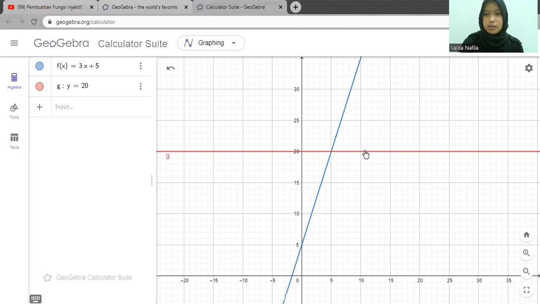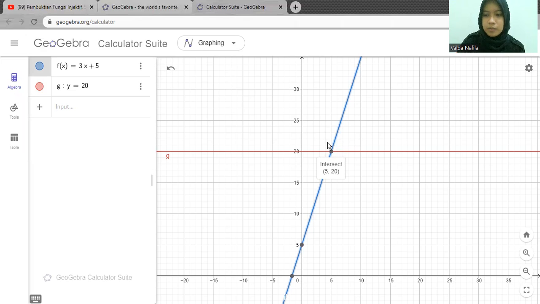If there is a horizontal line that intersects at least at one point the function I created earlier, then it is a surjective function. Okay, minimum at one point. So this is a surjective function.